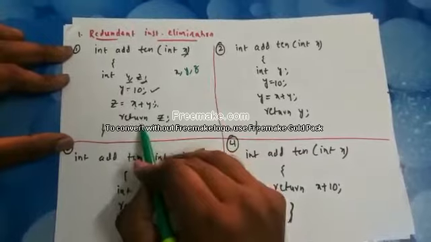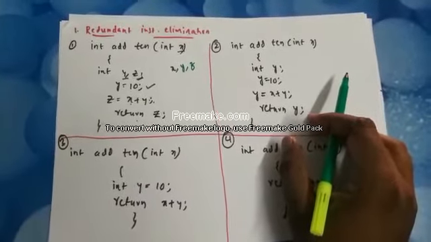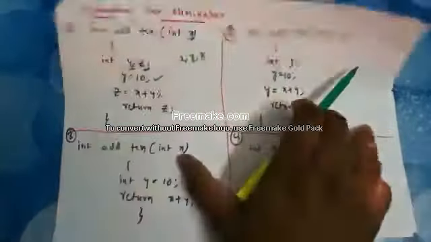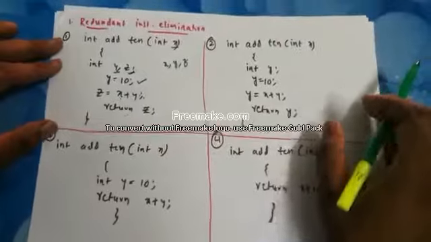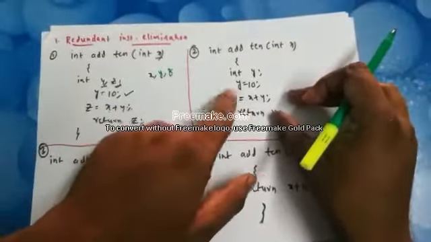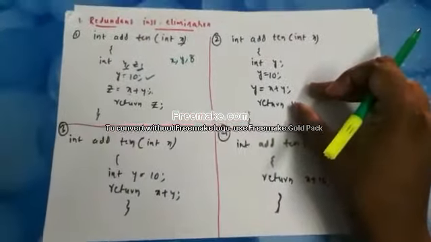So this is the source code, and here I want to reduce the source program using redundant instruction elimination. In the second code, I have eliminated redundant instructions.